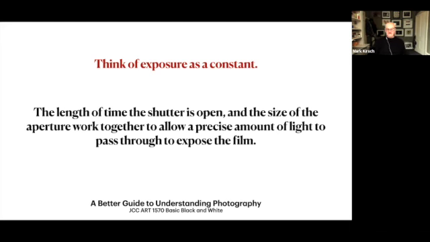The length of time the shutter is open and the size of the aperture work together to allow a precise amount of light to pass through the camera to expose the film. That was a single sentence. That was awesome.